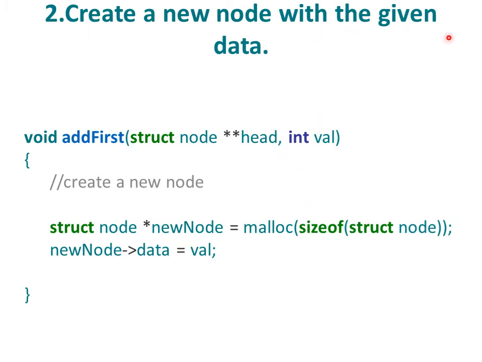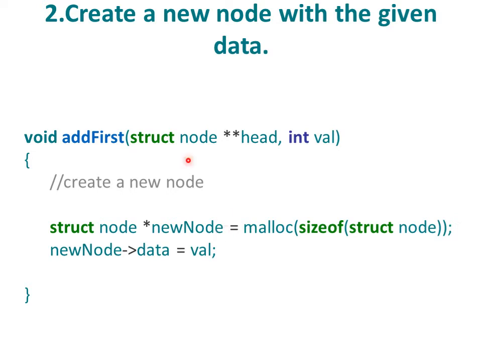Now create a node with the given data. That means now I am inserting an element into the data part. First you can see void add first struct node head, that is the first one, int value, that is the value I want to insert into the node.